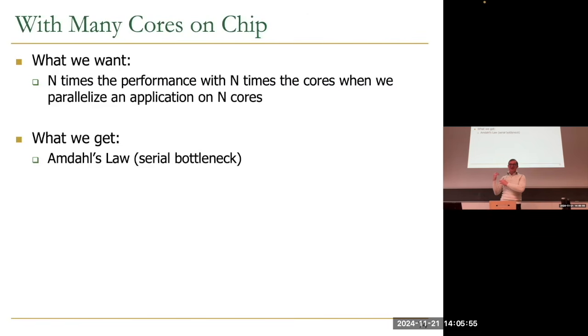Now, the problem is not just Amdahl's law. Amdahl's law is very optimistic. It's a nice way of thinking, it's a model of thinking. Not all models are always accurate, but they can be very useful. Amdahl used his model to argue that we should really be focusing on single processors. In his 1967 paper, he said, 1965 paper, in fact, the title of the paper was the validity of the single processor approach to achieving large performance capabilities.